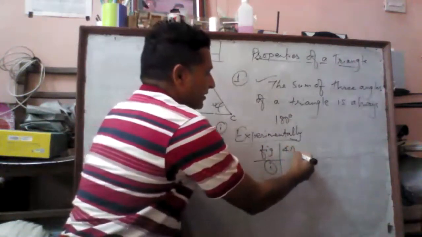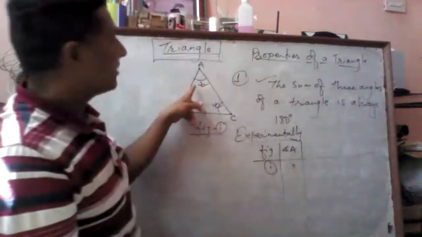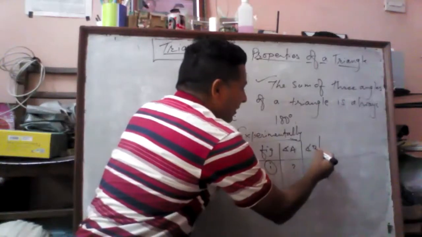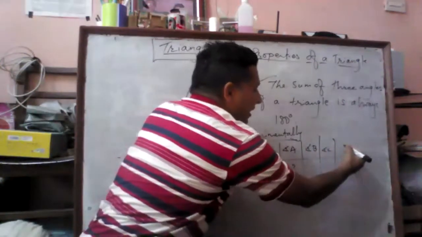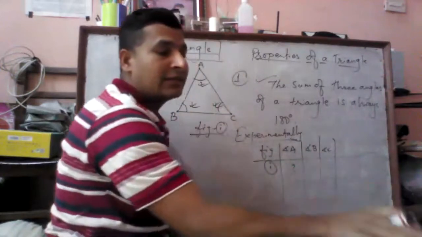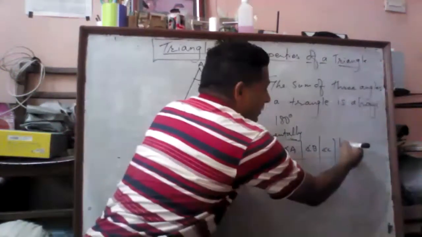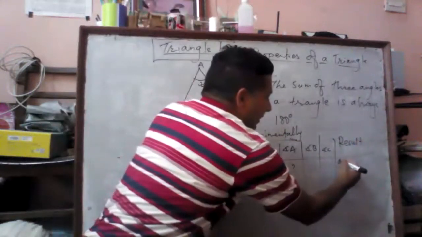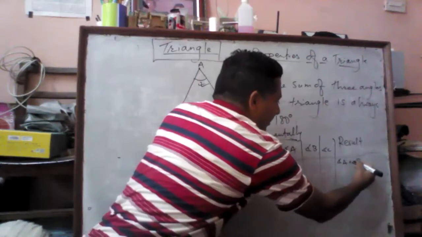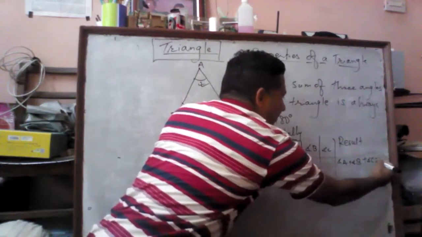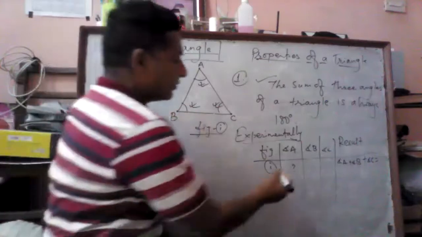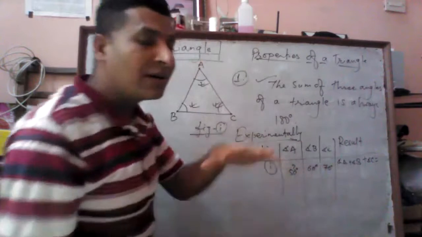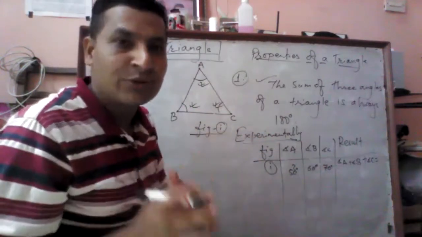With the help of a protractor we can measure angle A, angle B and angle C, and see the result: angle A plus angle B plus angle C. Suppose here comes 50 degrees, here 60 degrees, here 70 degrees. I have not taken the actual measurement, just suppose.